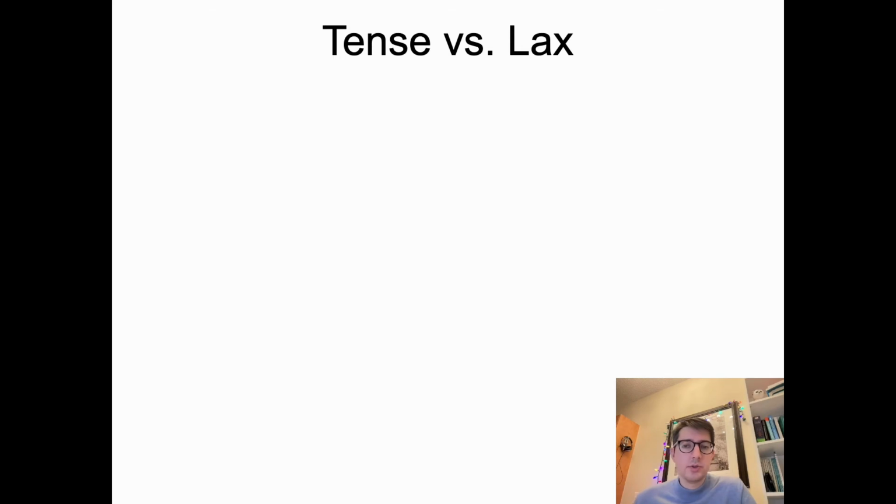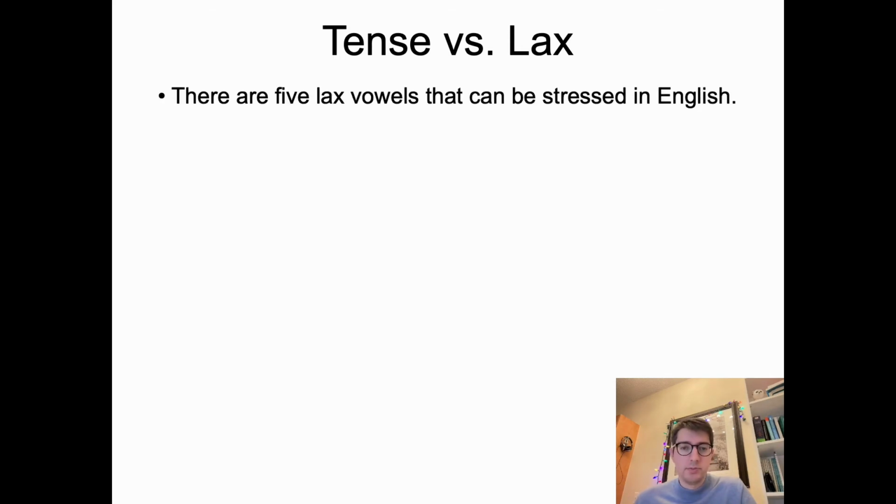Another distinction that you can make between tense and lax vowels is that there are 5 lax vowels that can be stressed in English. And I will now walk you through these counterparts. So you can have, for example, hid as a lax vowel, which is stressed because this is the only syllable there is, and heed as a tense vowel in English as its counterpart.